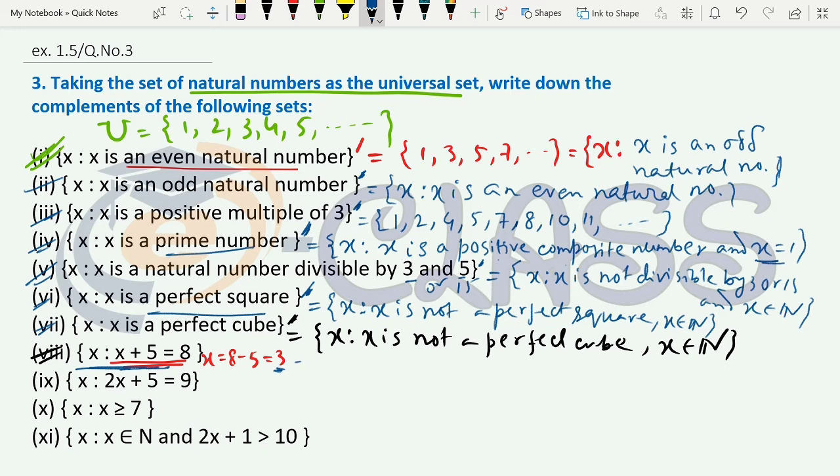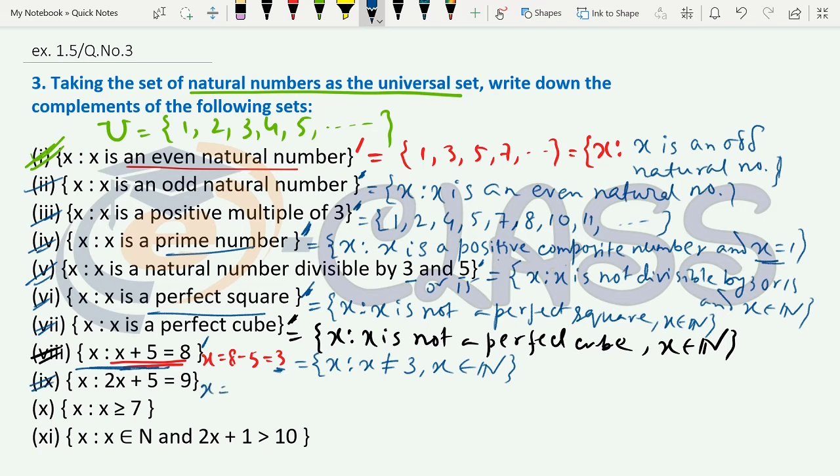So the complement of this set will be x such that x does not equal 3, because the set contains only 3. The complement set does not contain 3, and its elements belong to N.